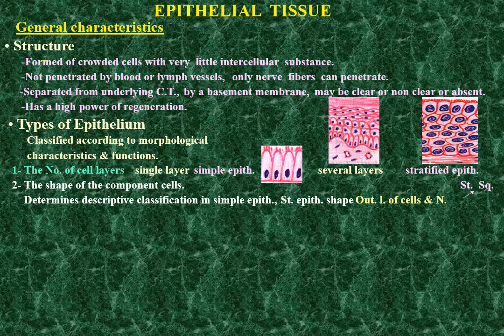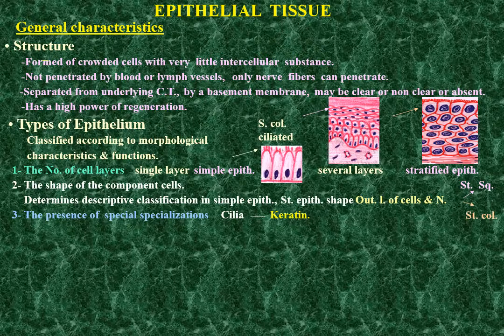For example, stratified squamous is present if the top layer is flattened, or stratified columnar is present if the top layer is columnar. Third, the presence of special specializations such as cilia or keratin.